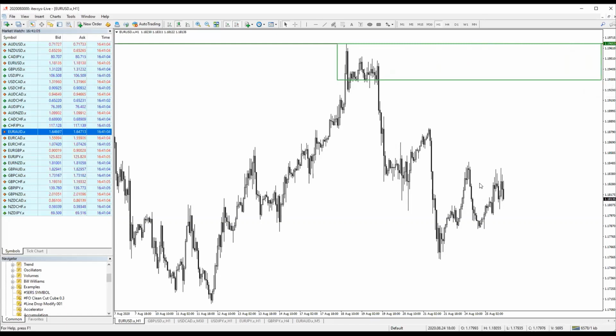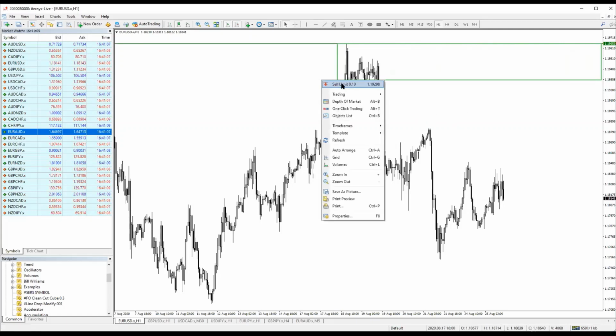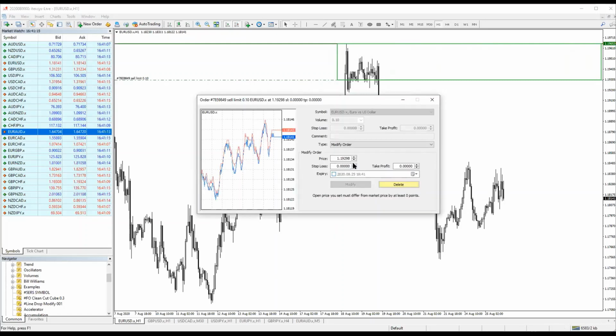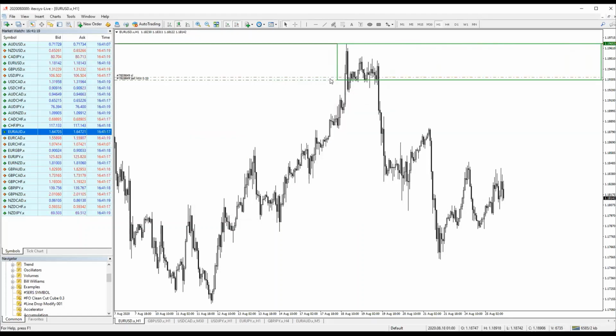Once price gets there, I will sell here with a limit order and I will create a stop loss. We'll use drag and drop. We'll put our stop loss right above this zone.